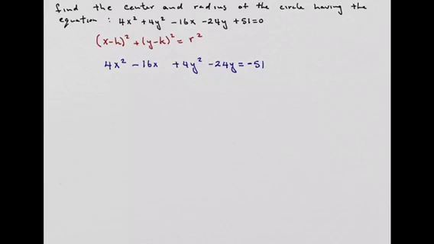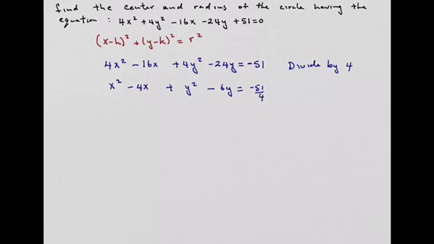And then we'll divide every term by 4. So if we divide by 4, that will give us x squared minus 4x plus y squared minus 6y is equal to negative 51 over 4.